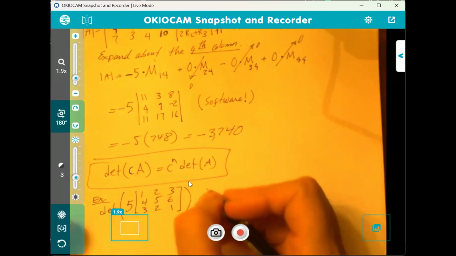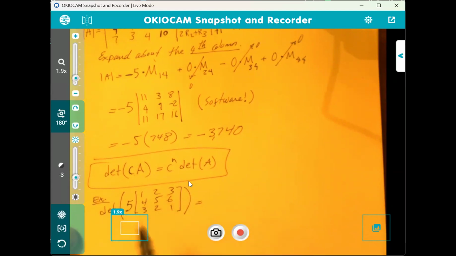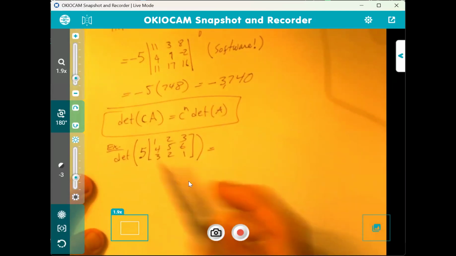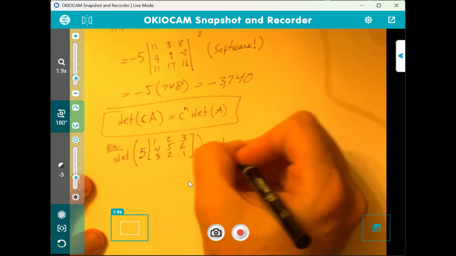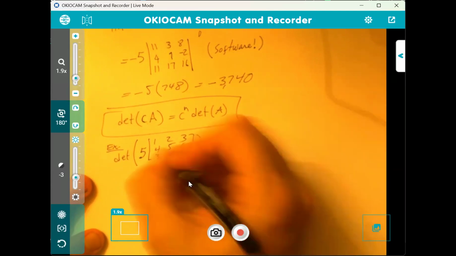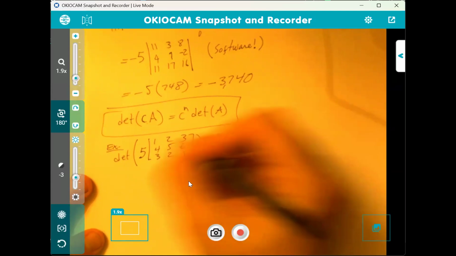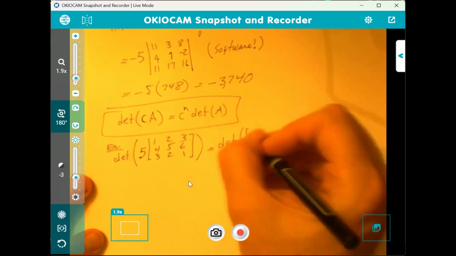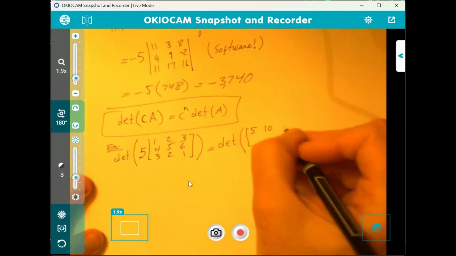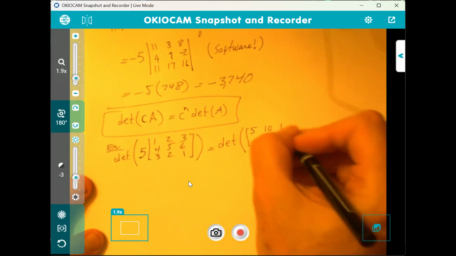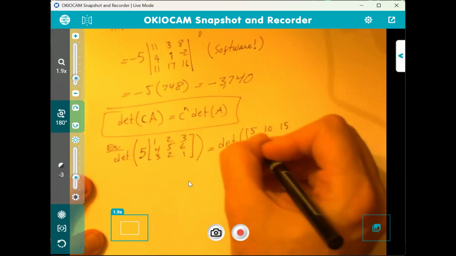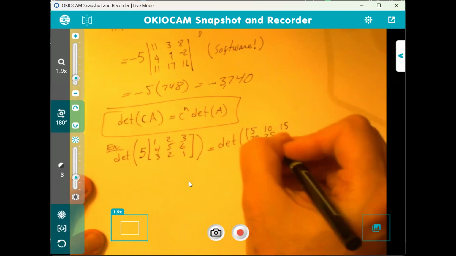Well, let's multiply 5 times every element of this matrix. So I'm going to have to find the determinant of this matrix. I'm going to multiply everything by 5: 5 by 1, 5 by 2, 5 by 3, 5 by 4, 5 by 5, 5 by 6.